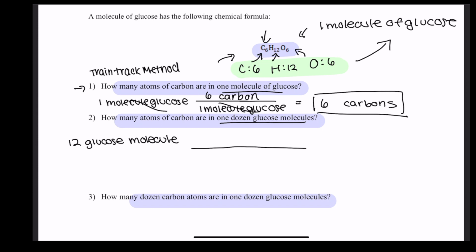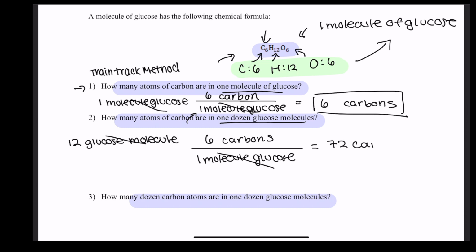And we know from our conversion above that in one molecule of glucose there are 6 carbons. So we're going to cross these out. 12 times 6 is 72 carbons.